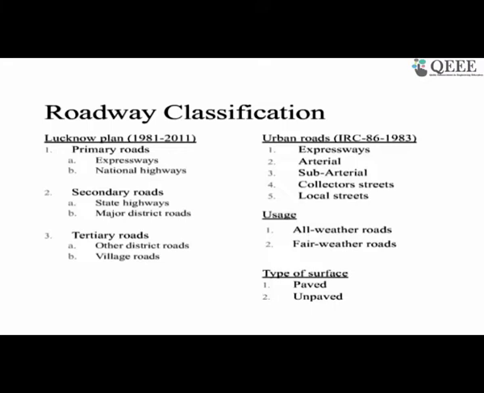The collector street collects all the traffic from the local streets and provides circulation within a certain region. Then it goes to the sub-arterial, where the speed of the roadway increases whereas the access gets reduced. And then from the sub-arterial it goes to the arterial, and from the arterial you go to the expressway.